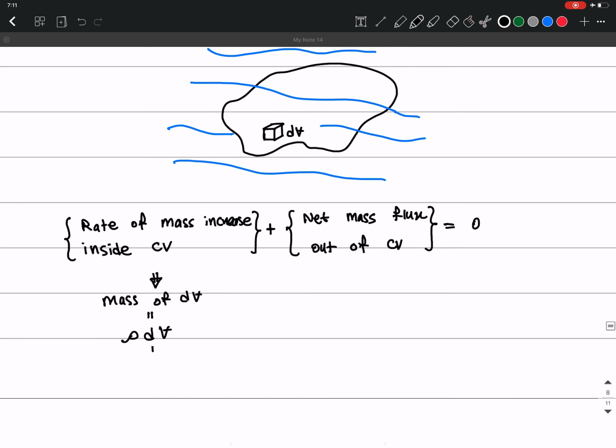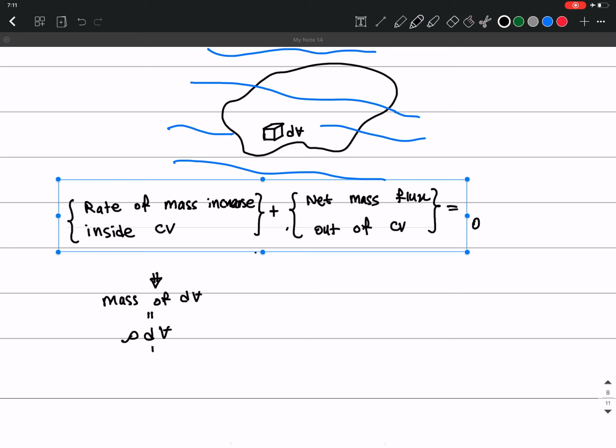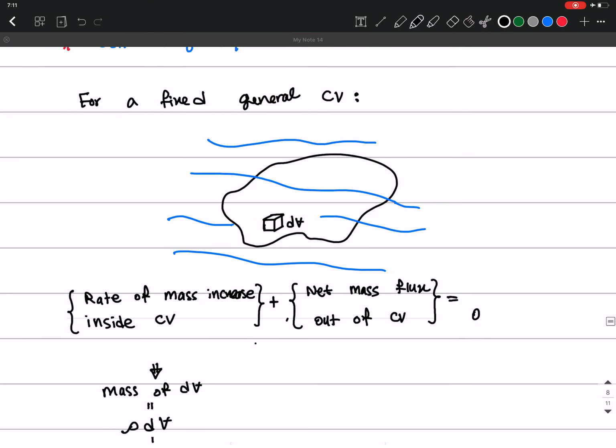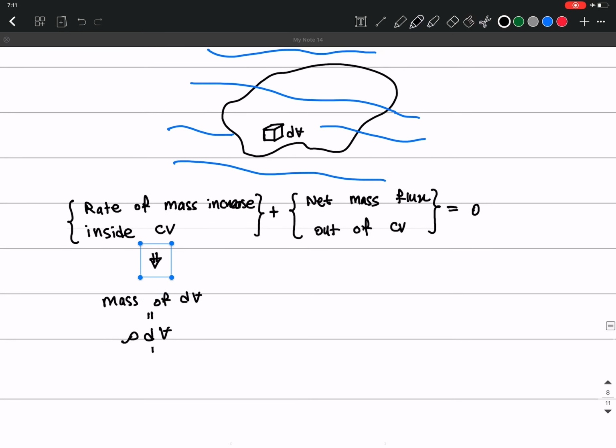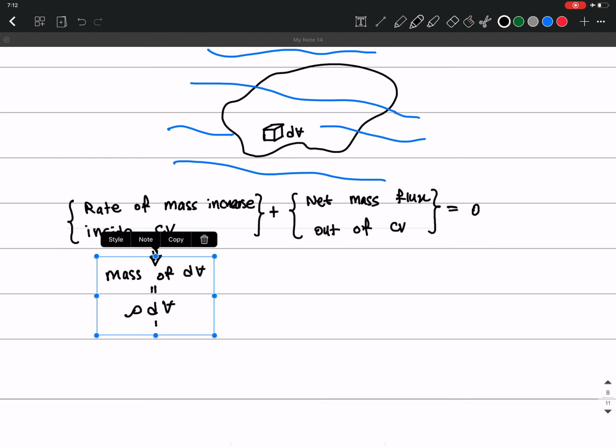And then, based on this, we can define the total mass of the CV. It is going to be the sum of the mass of all these small elements, which I can write as an integral.